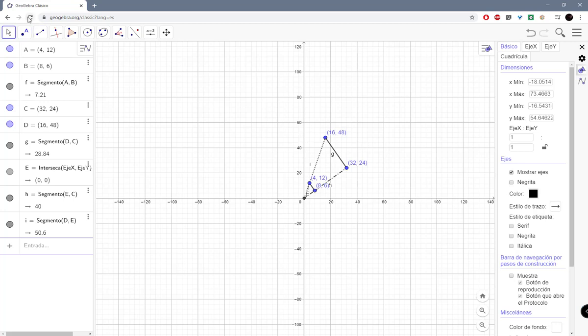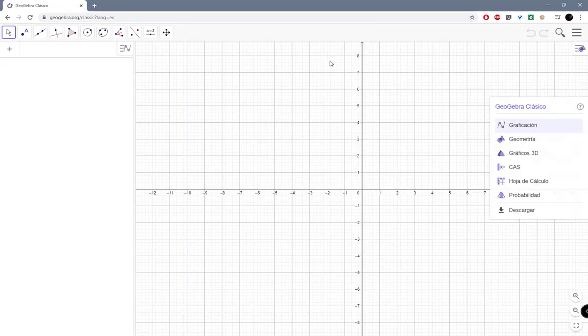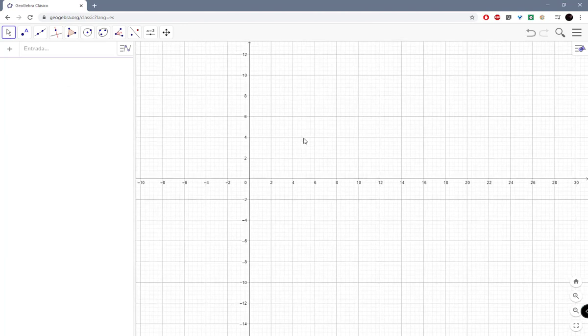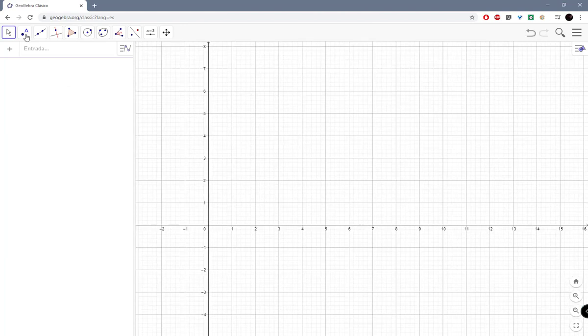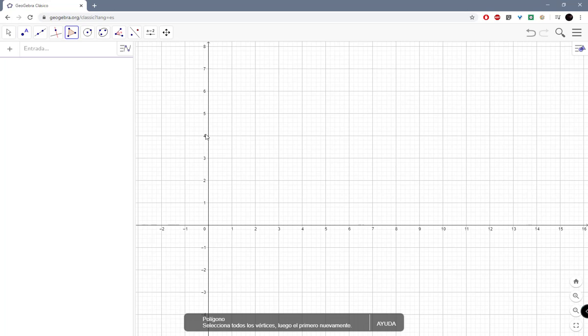So I am going to erase everything by reloading the page, and I am going to create polygons. I am going to do it of course with a triangle because it's easier.